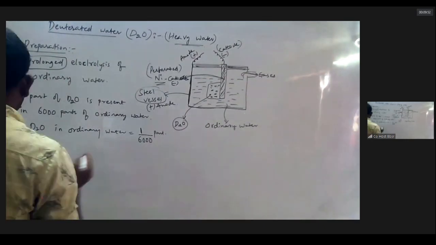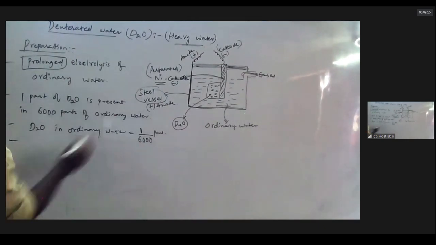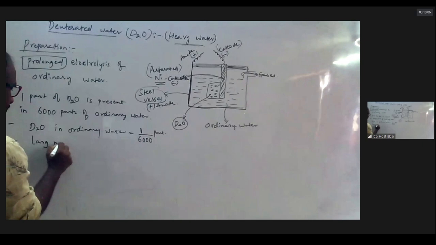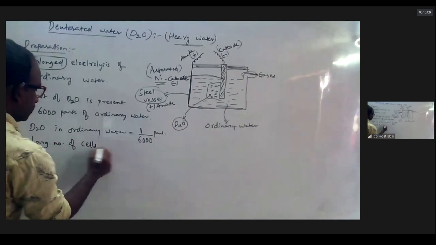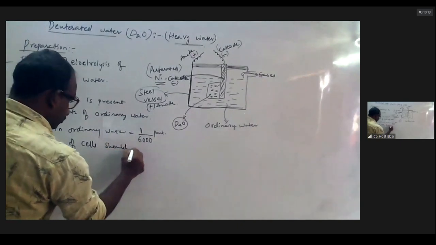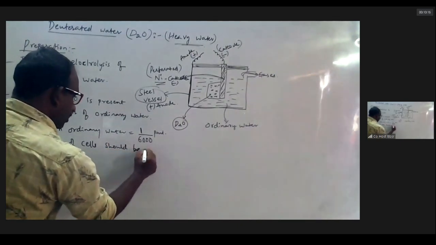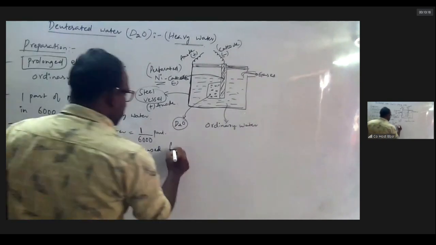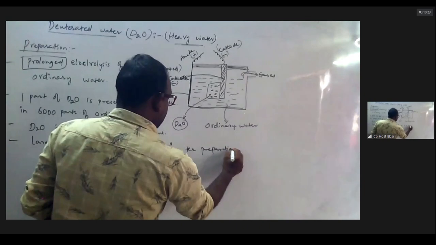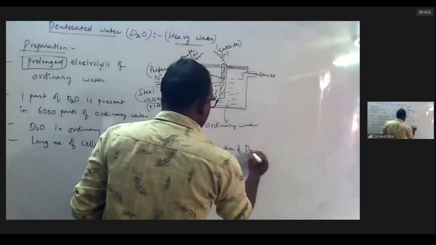right? You see, this is the vessel here, the apparatus. For prolonged electrolysis you have to take a large number of cells. Large number of cells should be used for the preparation of D2O.